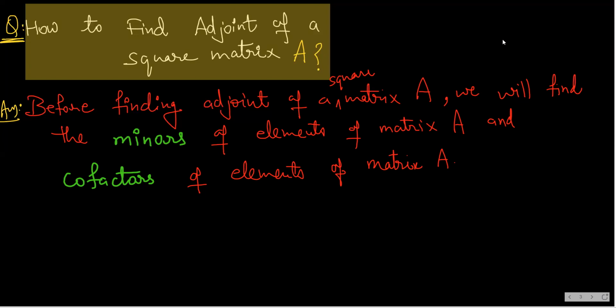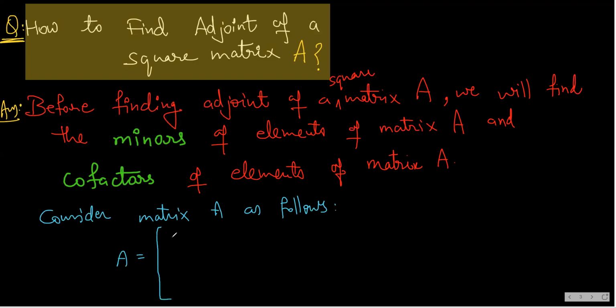What does it mean? Student, let me have a square matrix here. Consider matrix A as follows. I write it as a 3 by 3 matrix: A11, A12, A13, A21, A22, A23, A31, A32, A33.